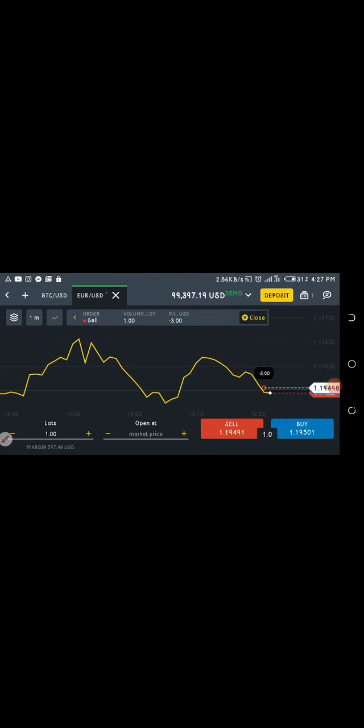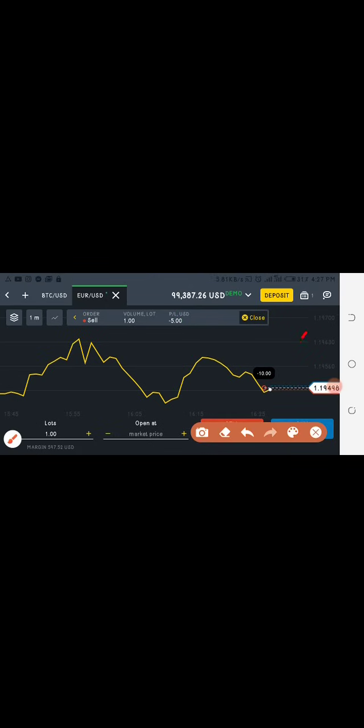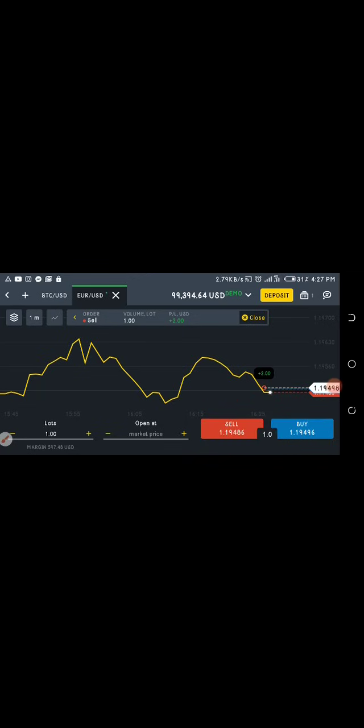As you can see, this blue line is where we sold from. So as long as this candlestick is going below the blue line, we are making profit because we sold. But if it goes above the blue line, it means we are making loss. So as it is right now, look at, we are making profit.